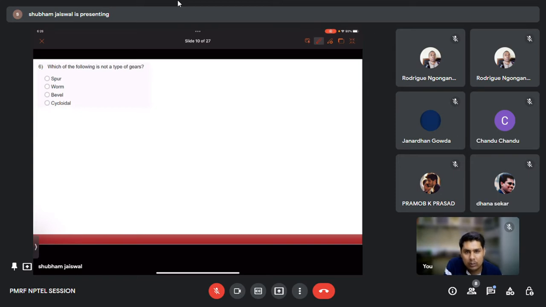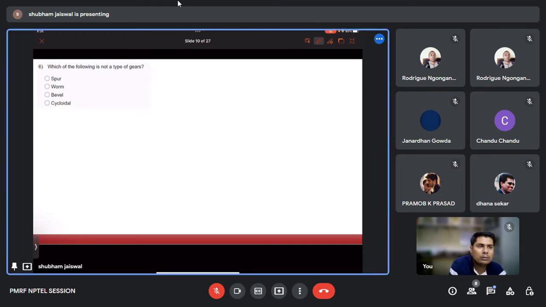Okay. Any other option? Yeah, Mr. Chandu, you're right. So these above all three are the types of gears. Okay, but this cycloidal is not a type of gear.